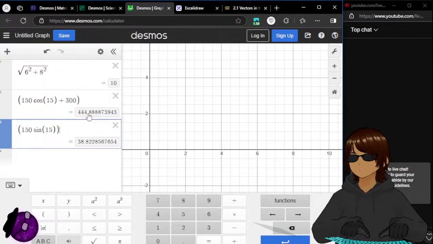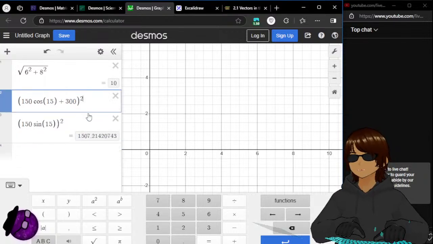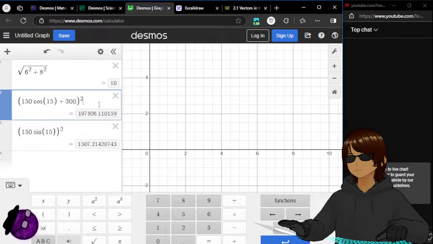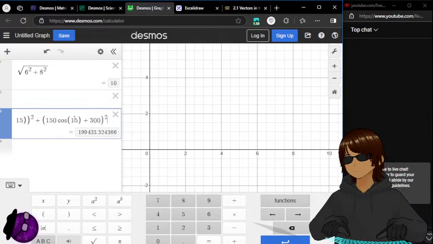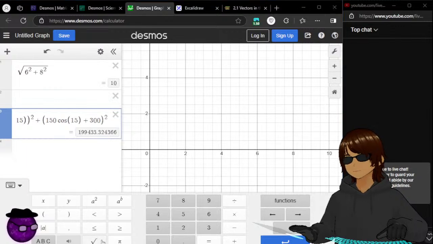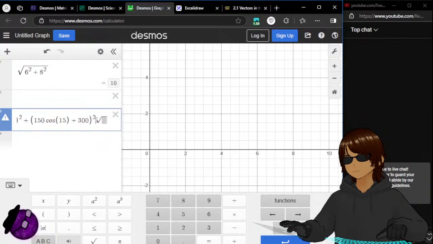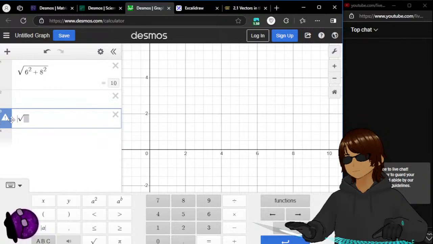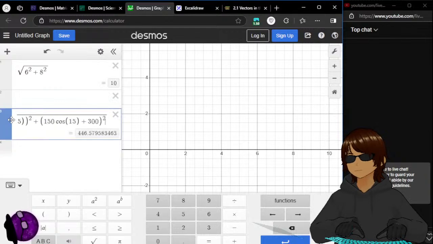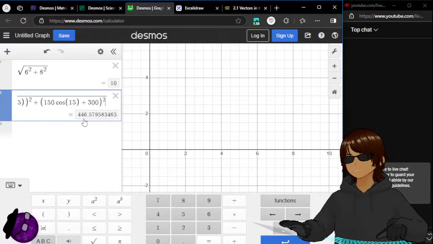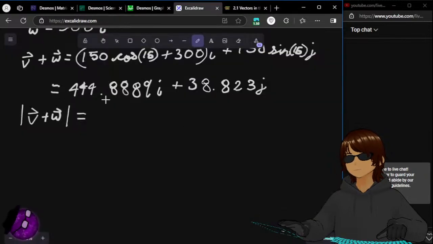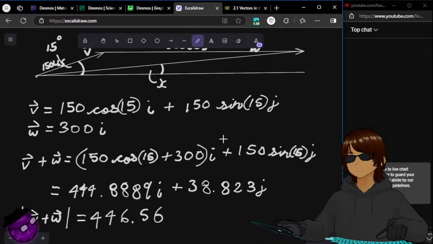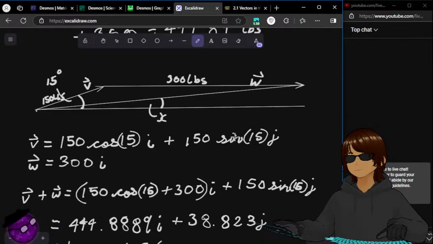If I square, square, plus, then I get 446.56. What about the direction?